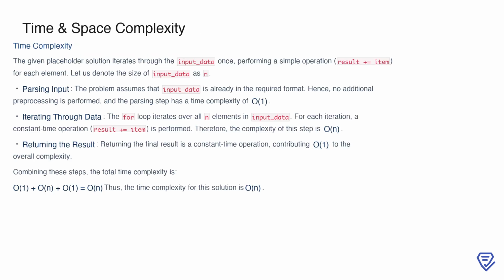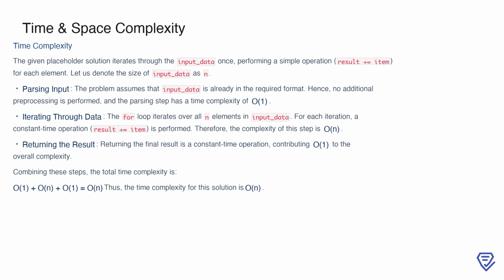Here, we begin by analyzing the time complexity of the solution. The algorithm processes the input data by iterating through it once, performing a simple addition operation for each element. If we denote the size of the input data as n, we can break the time complexity into 3 parts. First, parsing the input is assumed to have no additional preprocessing, which takes constant time, or O(1).